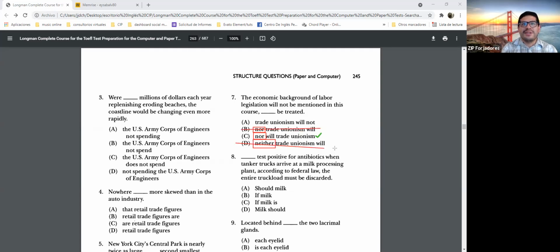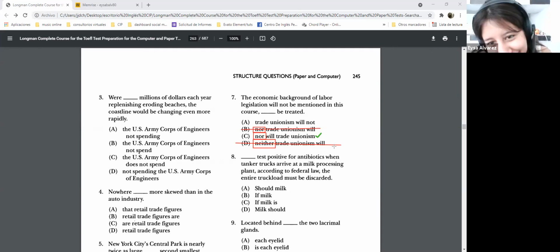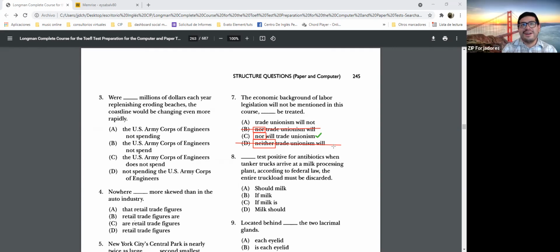But now between letter A and letter C, why couldn't we choose letter A? Because in this course, trade unions will not be treated. Because there is a comma.